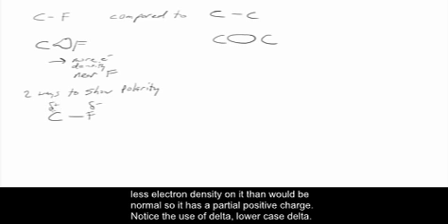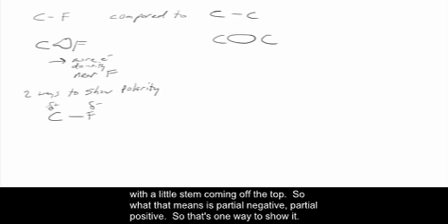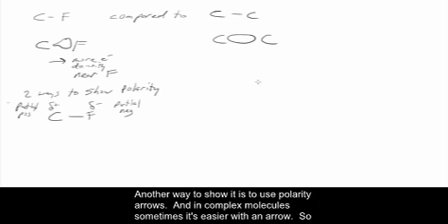It's a lowercase delta. Most of you are probably familiar with the uppercase delta, which is like a triangle. This is lowercase delta. It's a little circle with a little stem coming off the top. So what that means is partial negative, partial positive. So that's one way to show it. Another way to show it is to use polarity arrows.